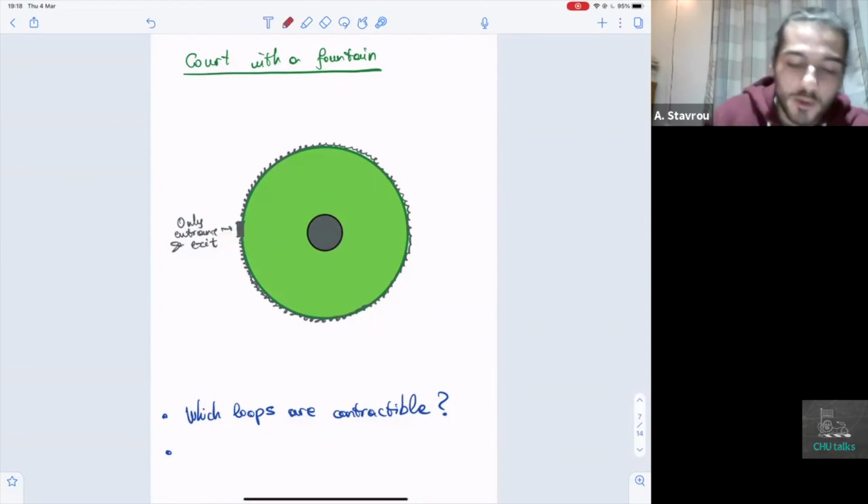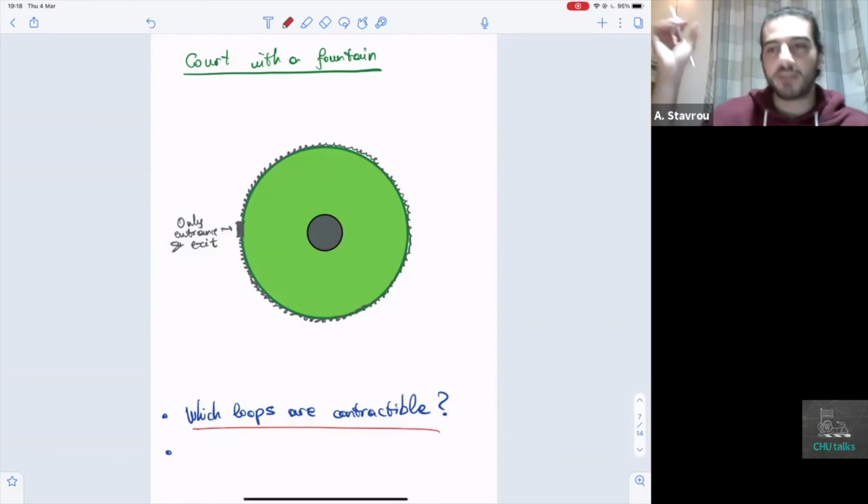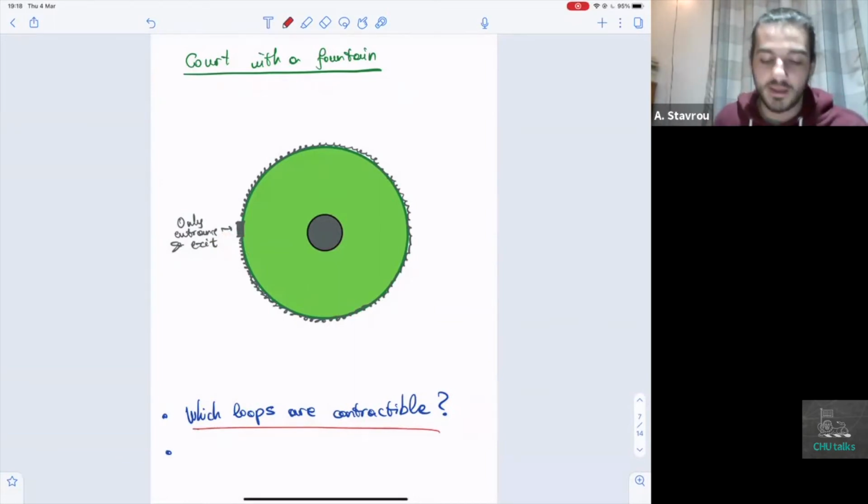So we can ask questions like, which loops are contractible? That is, which loops can be pulled back to the entrance? And the answer to that is, the ones that do not go around the fountain.